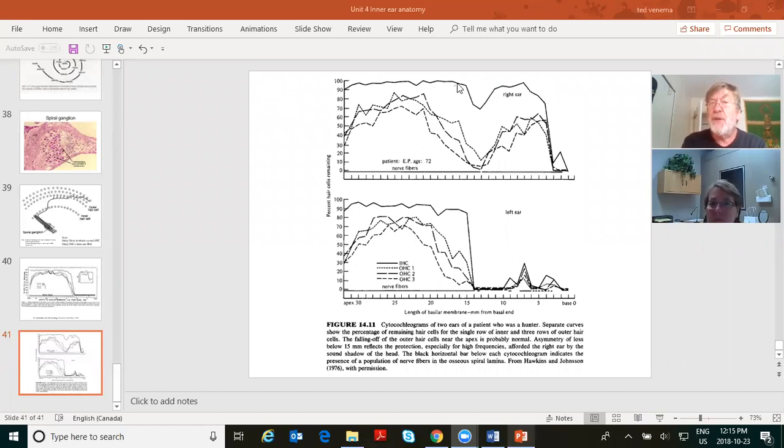Hair cell damage to the inner hair cells, hair cell damage to the outers. Notice how his left ear has by far the worst hair cell damage when this person died, okay? And that's what it took, just kind of a person who was a hunter, a right-handed person. So it's kind of interesting. Have a read of that. Anyway, that's just for your own interest.